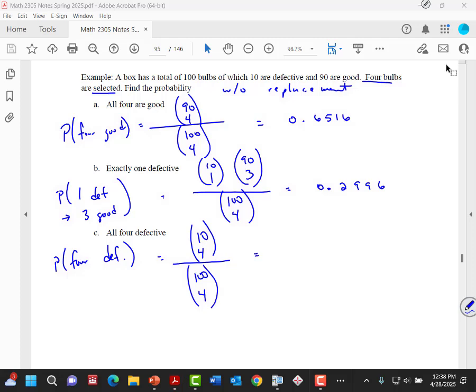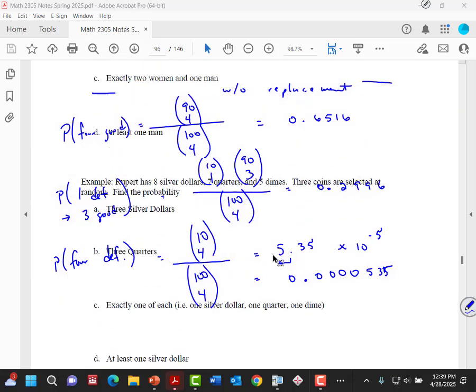And if I run this through, I get 5.35 times 10 to the negative 5th power. If I move this decimal 5 times to the left, that's 0.0000535. So we would simply say it's highly unlikely that I will get all 4 defective. So here's an example where we can use combinations and sampling to compute probabilities.